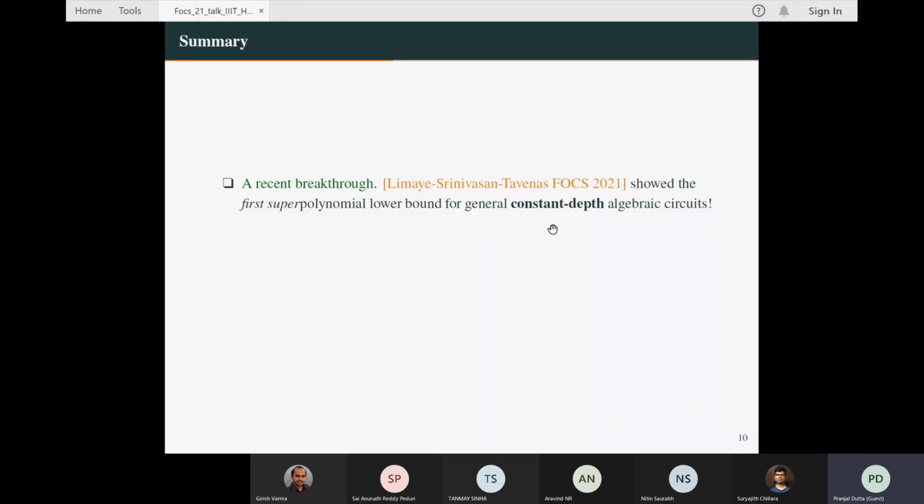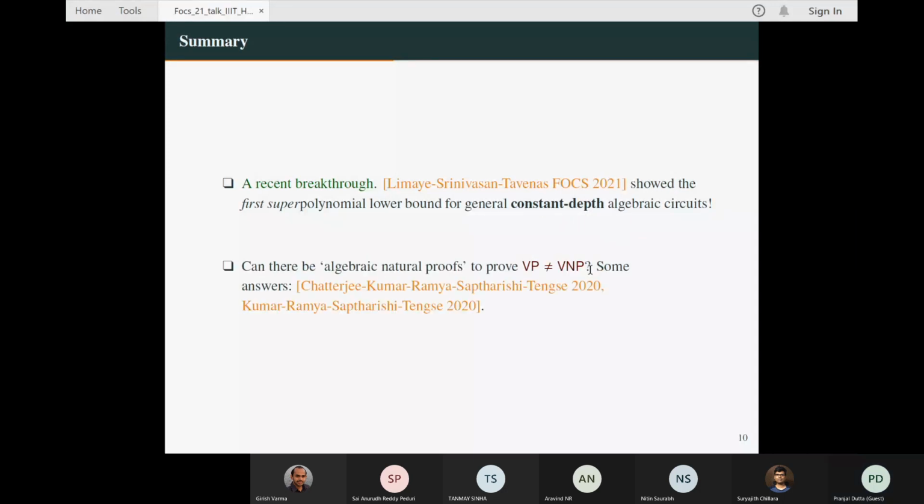They showed that there is a class of polynomials such that if you want to compute it as a constant depth algebraic circuit, it has to have super polynomial size. And there is also, if you remember, I talked about these natural proofs.